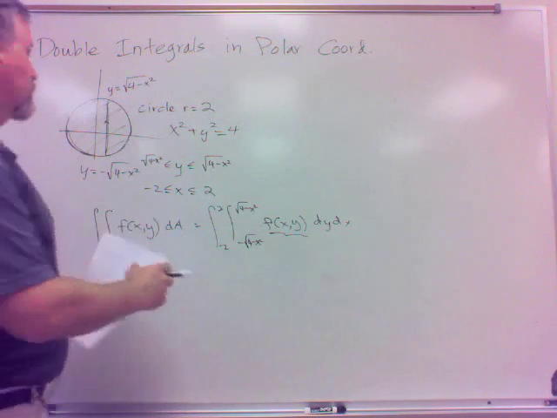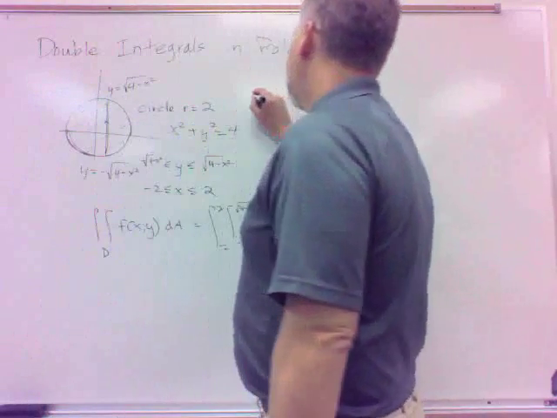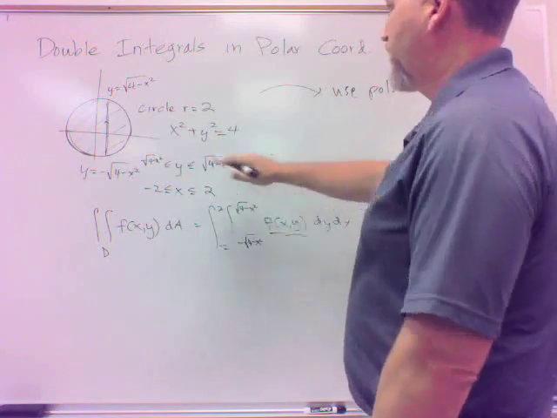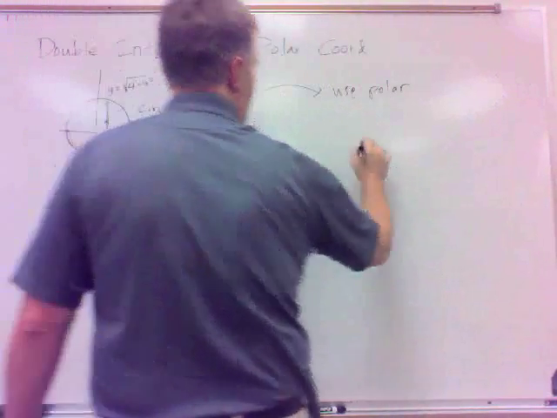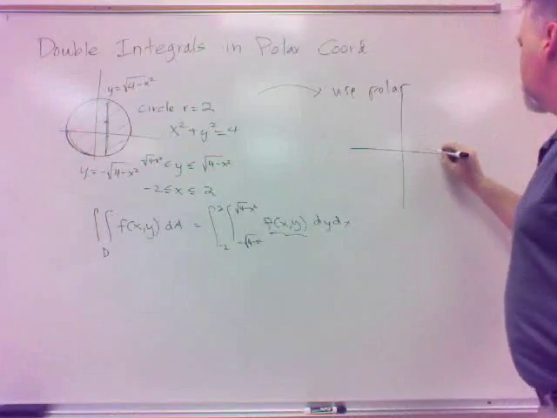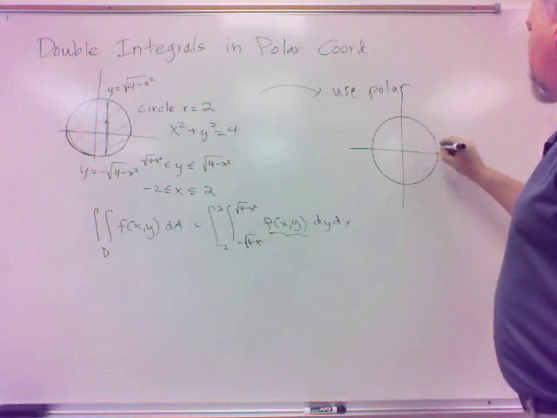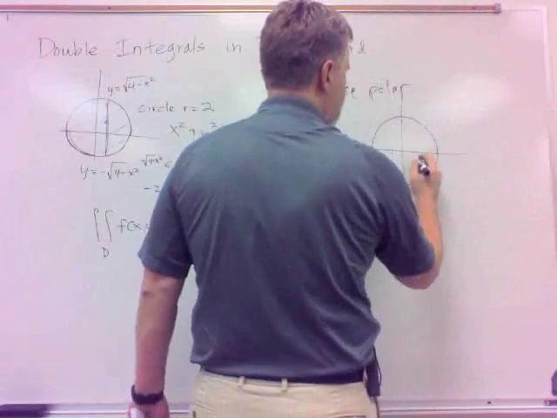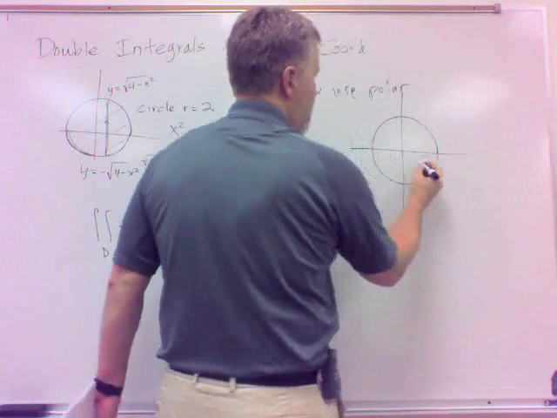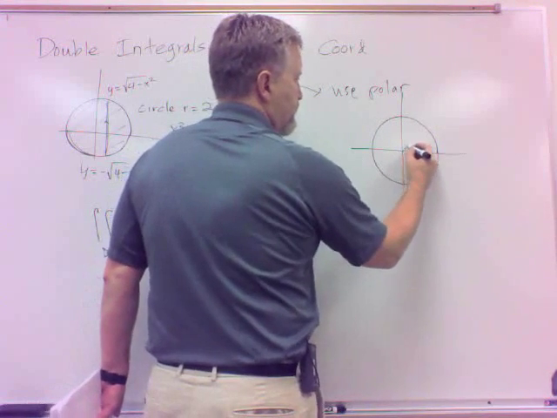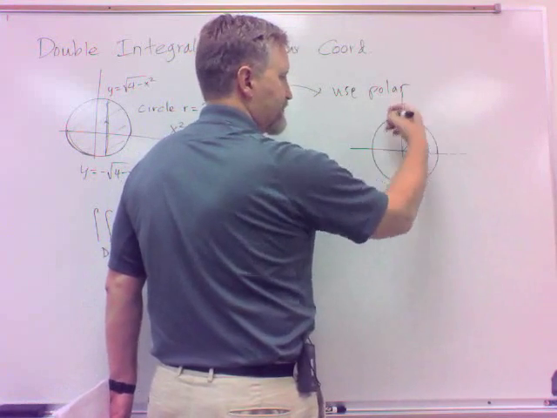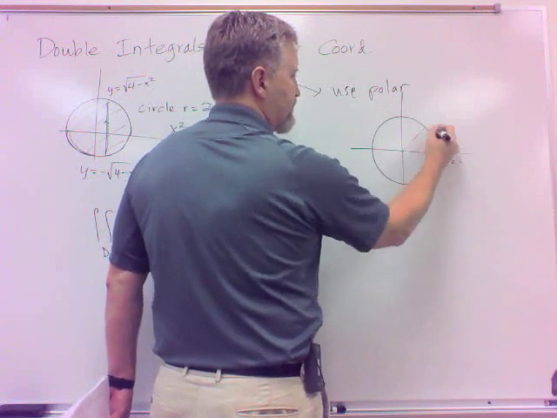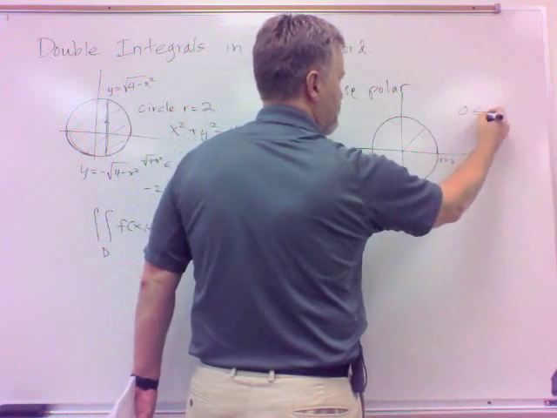However, what we can do is instead use polar coordinates, because in polar coordinates this is much easier to describe, because we're talking about a circle. Remember, in polar you need r's and thetas, and since it's a nice lovely little circle of radius 2, don't the r's range from 0 to 2?